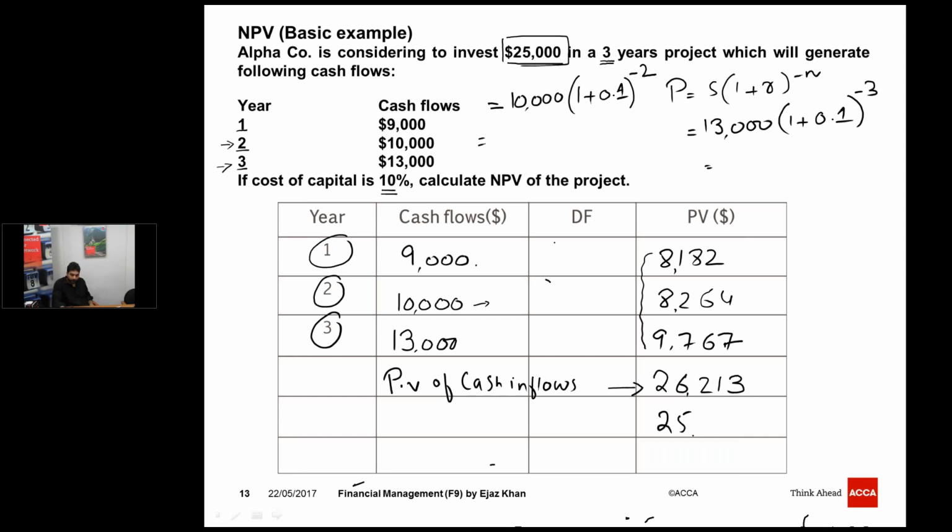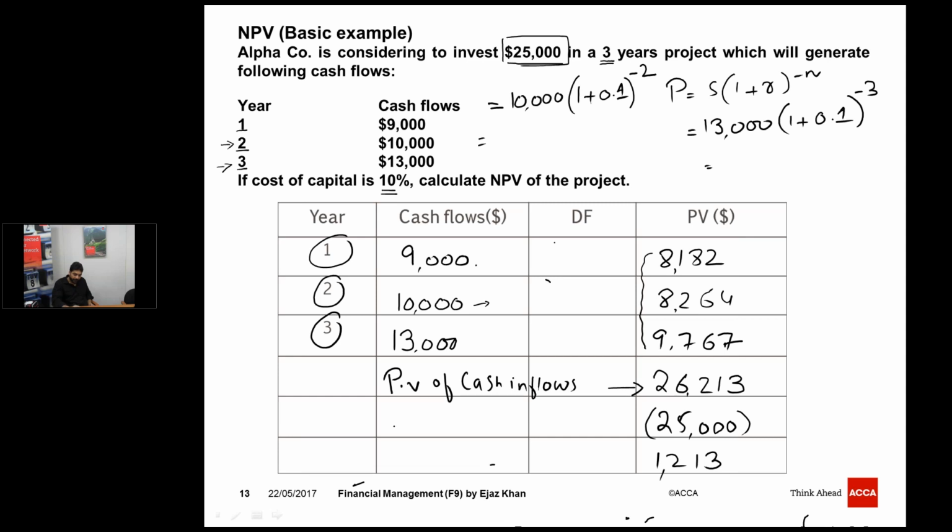So the maximum it should be willing to invest is $26,213 if it needs a return of 10%, and the required investment is $25,000, which is less than what it can invest. So what's the difference? It's $1,213.